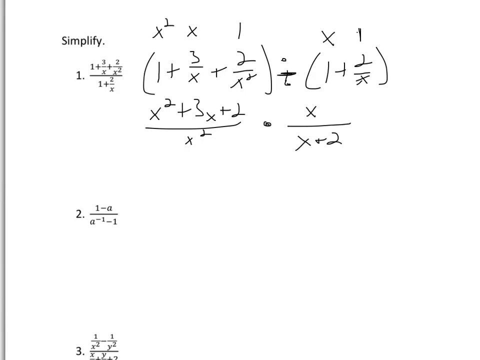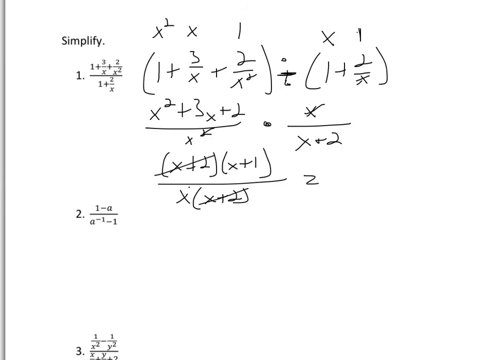Now we just got to do these. So we've got to cancel an x out, cancel an x out. We need to factor the top here. Factors to x plus 2, x plus 1. And on the denominator, we've got an x and an x plus 2. Those cancel out, and we'll be left with x plus 1 over x.